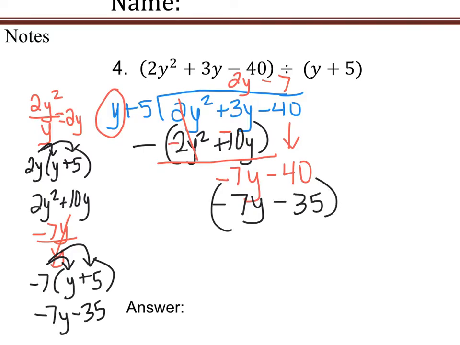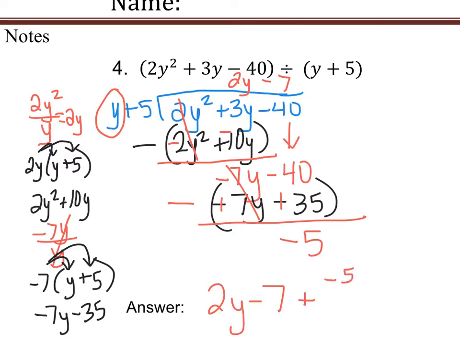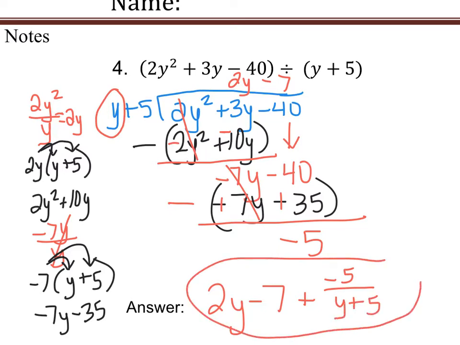And again, I'm subtracting, so I'm going to have to change the sign of everybody inside my parentheses. So it's going to be a plus and a plus. Those cancel out. Negative 40 plus 35 is negative 5. So that's my remainder. So my answer is the 2y minus 7 up on the top plus my remainder, negative 5, divided by my divisor, y plus 5. There's my answer.